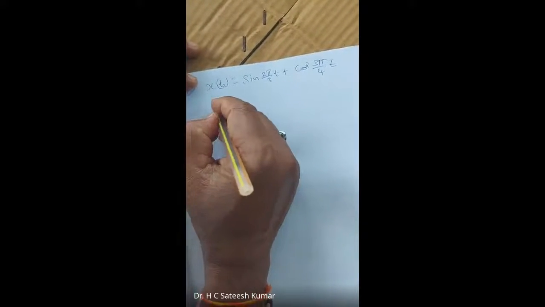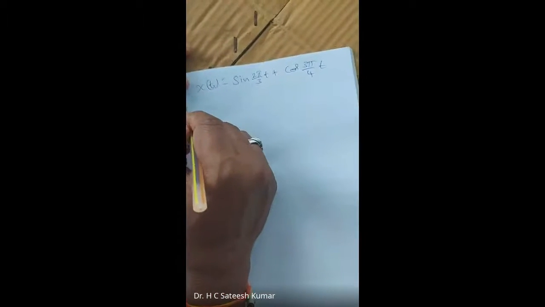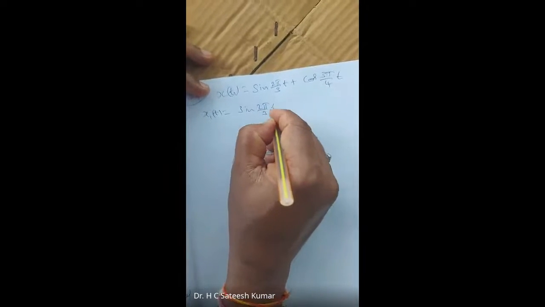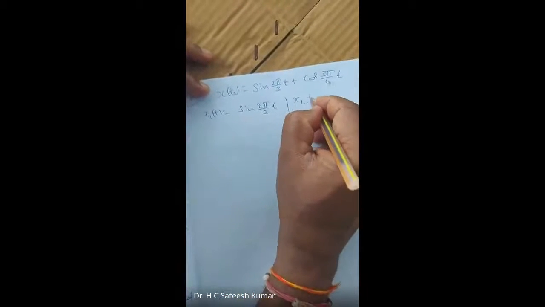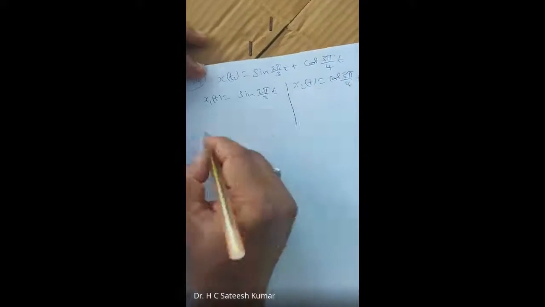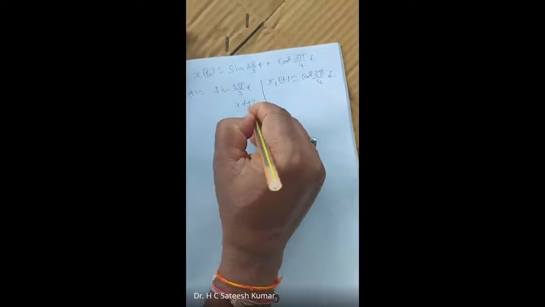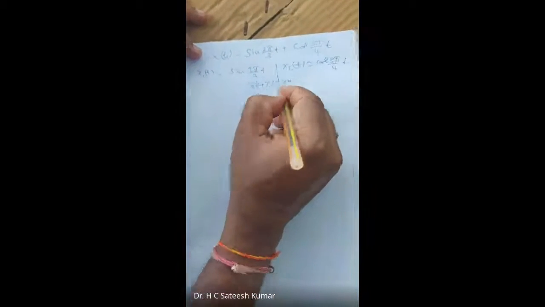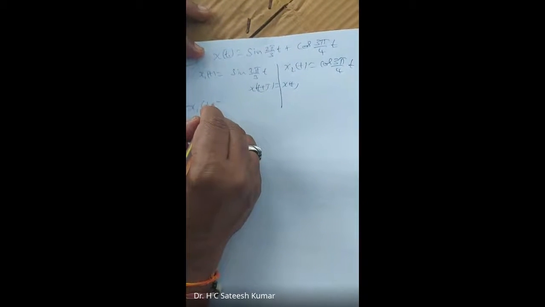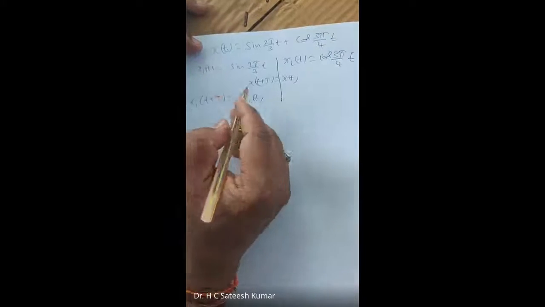Let x1 of t be equal to sine of 2 pi by 3t, and x2 of t be equal to cos of 3 pi by 4t. The periodicity condition remains the same: x of t plus T is equal to x of t. x1 of t plus T1 should be equal to x1 of t. This one you don't need to write once again.